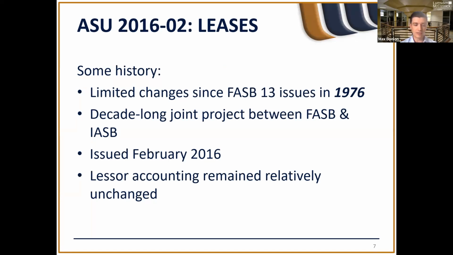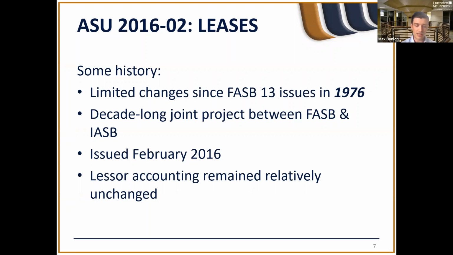ASU 2016-02 is a decade-long joint project between the FASB and the International Accounting Standards Board, the IASB. The ASU was issued in February 2016. The adoption of the ASU has been ongoing, which we'll talk about in more detail in the coming slides.